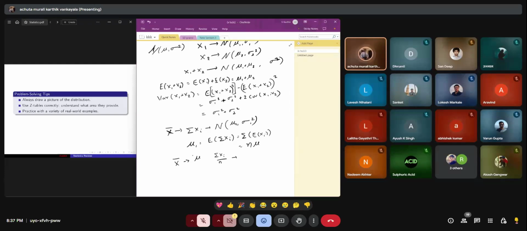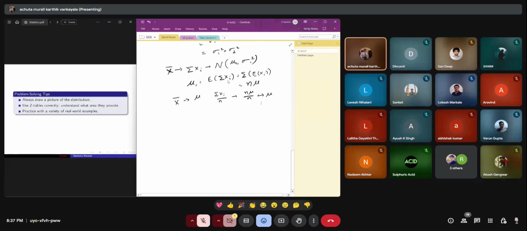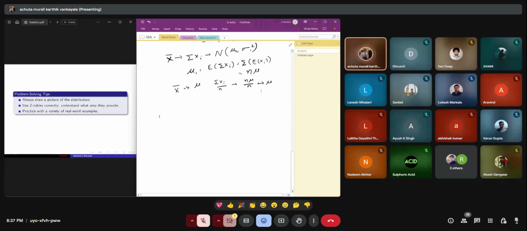So the expected value of this is n mu divided by n. This is mu. Is it clear till now? Whoever asked this question, is it clear till now? Yes, okay. Now coming to the variance.